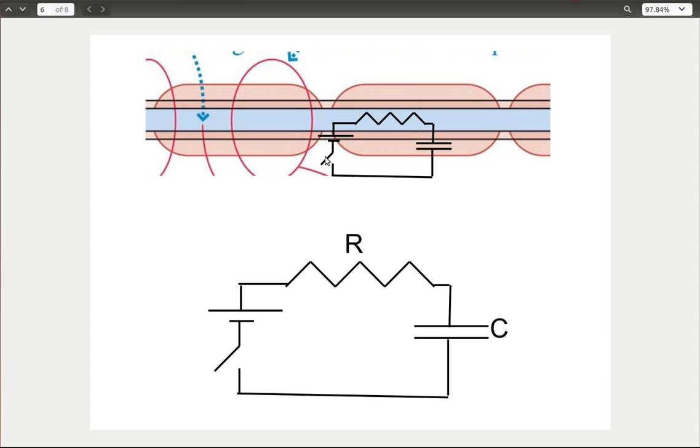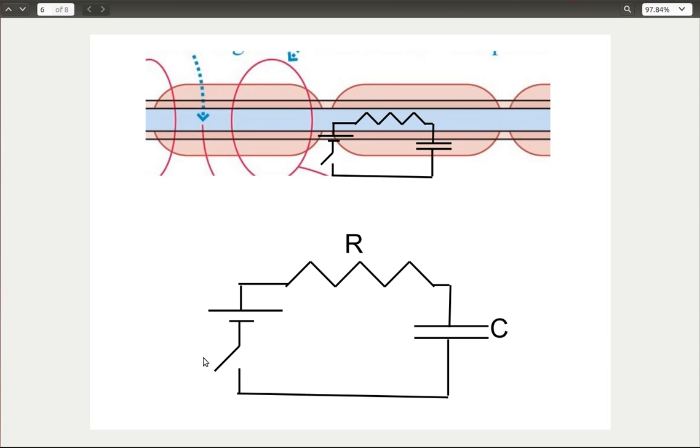So what happens at each node is ions flow from upstream, create a small potential difference, which somehow triggers the switch to close, which allows sodium to flow in and then along the middle of the axon. And the myelin sheath here acts as a capacitor, which means that there's a change in potential that we can describe using the physics of capacitors. That changes the potential near the next node, which eventually will flip that switch.